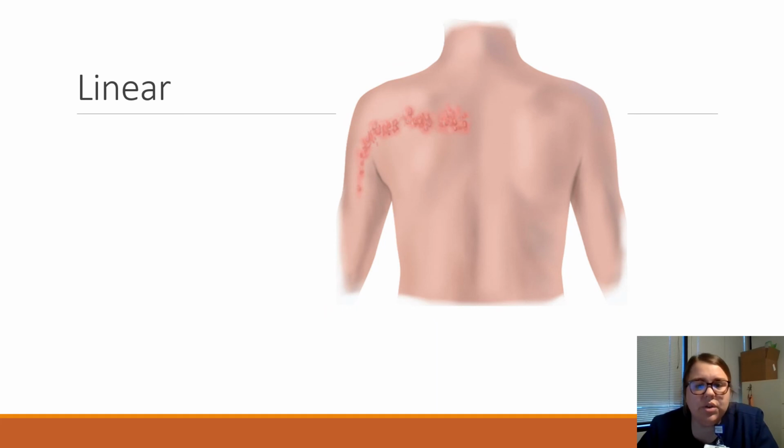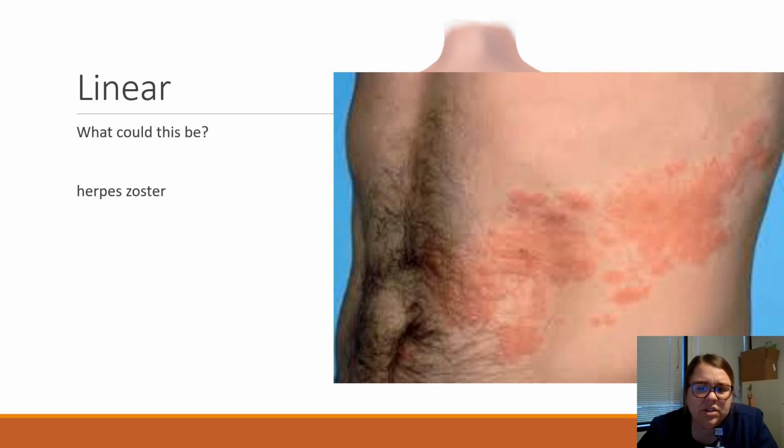Linear. So linear, you can think of as a line. Okay. What do you think this could be? This is herpes zoster. So herpes zoster is shingles, and it's along the nerve root. So just like this. Oh, is that painful? Absolutely.